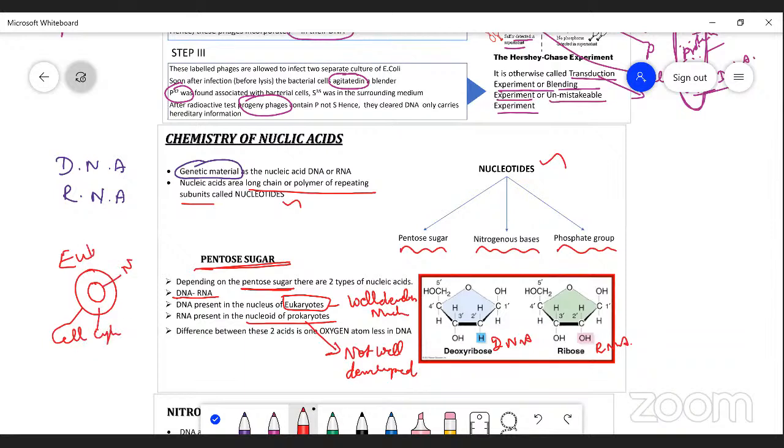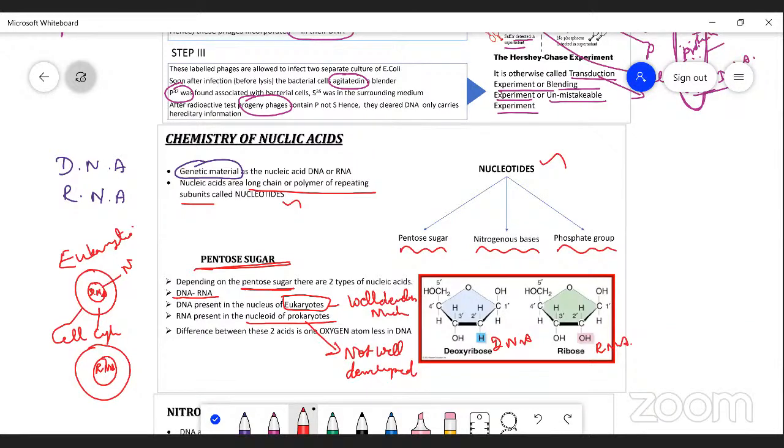In the eukaryote cells, what type of nucleic acid is present in the nucleus? Only the DNA. Suppose we are taking the prokaryotes. In that type of cell, the nucleic acid inside of the nucleus is the RNA.